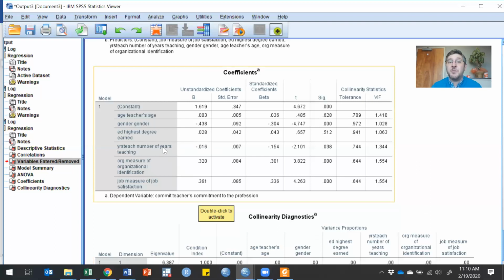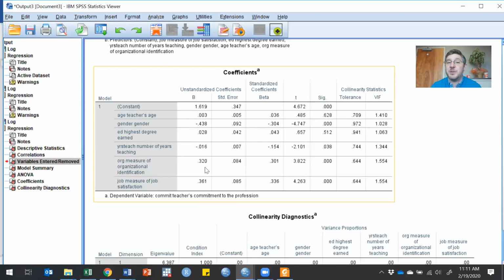You can see here, number of years teaching was negatively related with commitment to the profession. So teachers who had been teaching for fewer years had stronger commitments to the profession than those who had been teaching a lot longer.